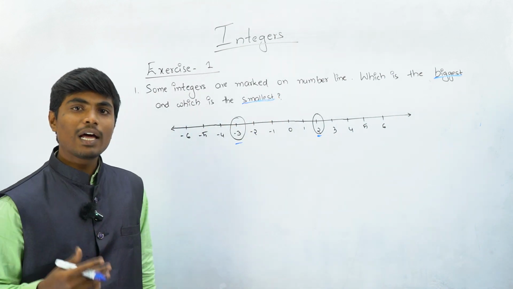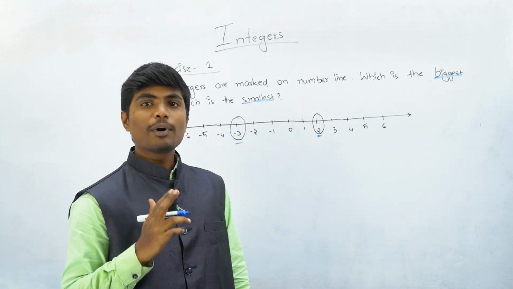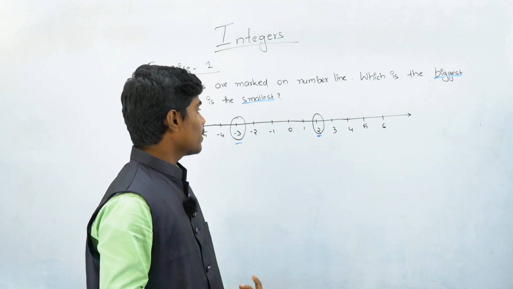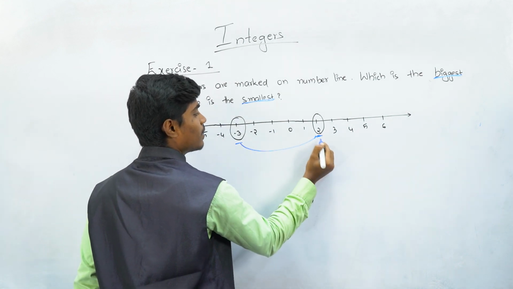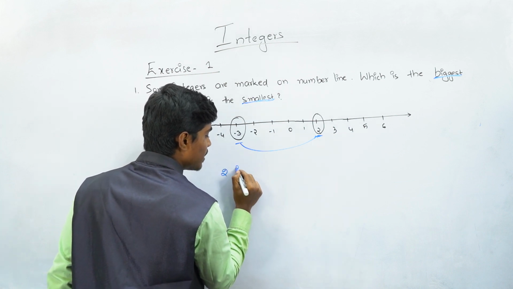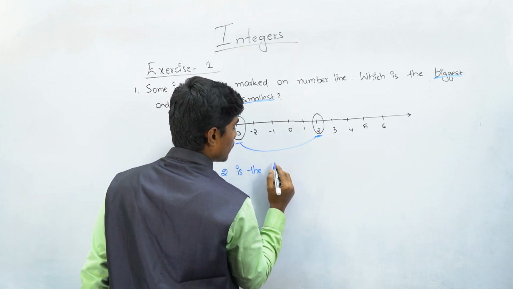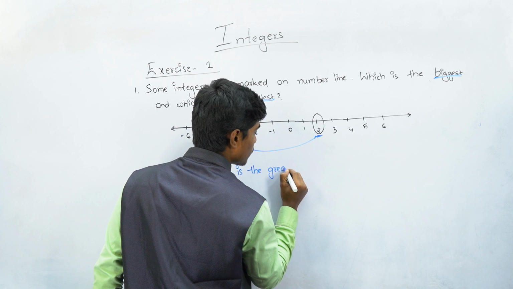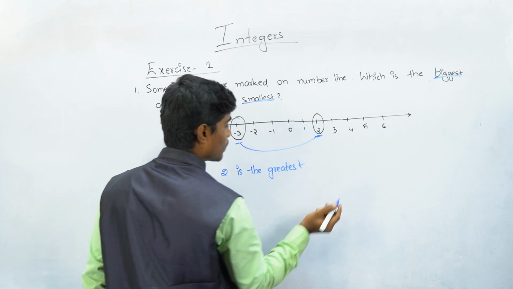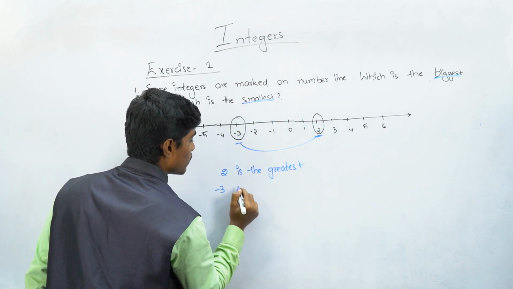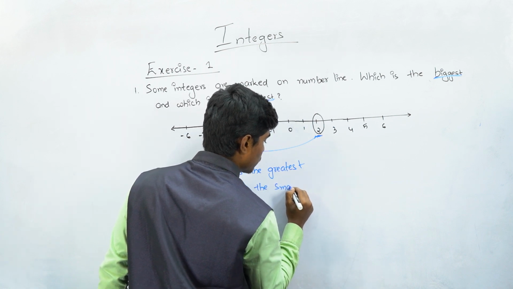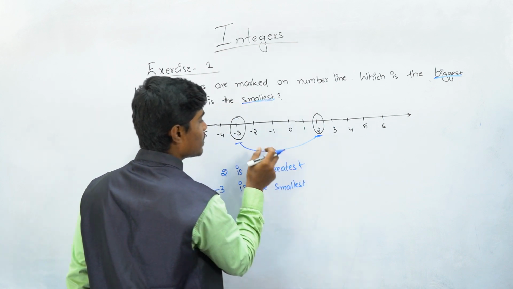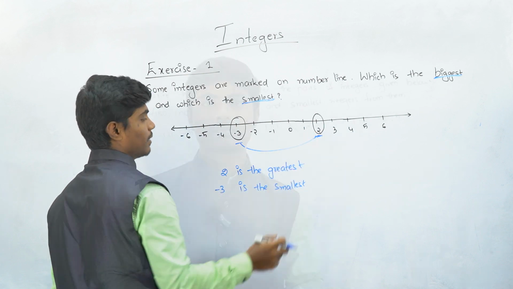As we already discussed, the number on the right side is the greater one. Here 2 is on the right of -3, so 2 is the greatest and -3 is the smallest, because -3 is on the left side and 2 is on the right side.